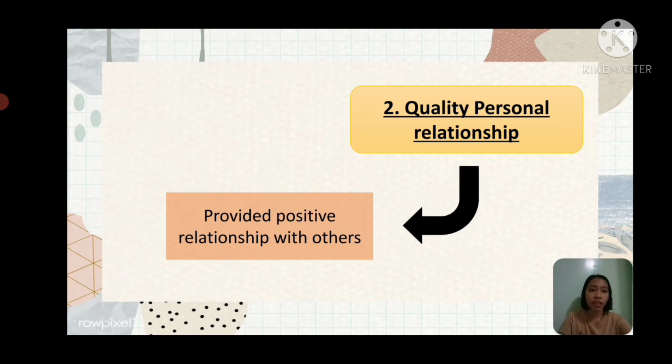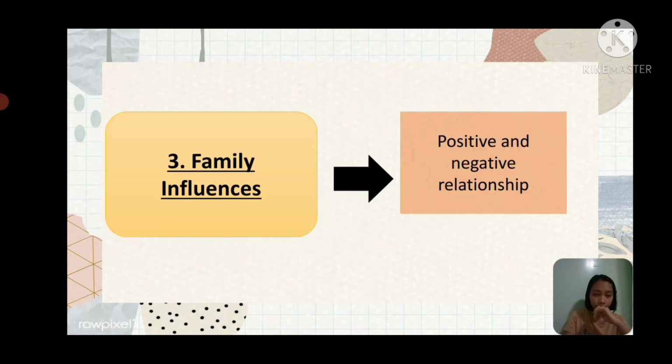And the next one is family influences. It can be a positive and negative relationship. For a positive relationship, parents involve their child in every activity they make.